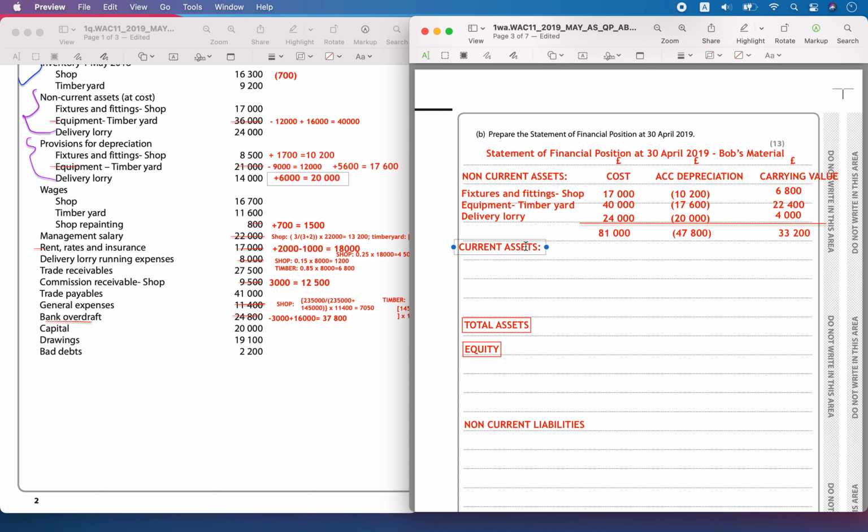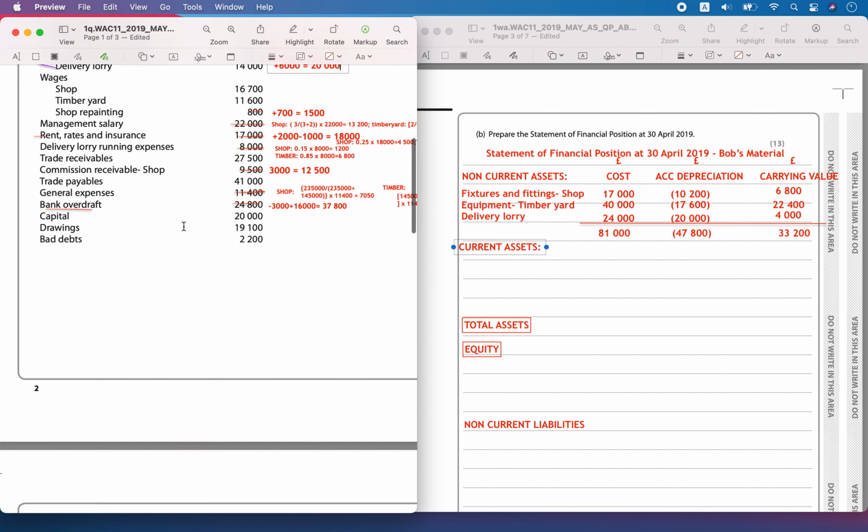Now let's calculate the current assets. What are the current assets?